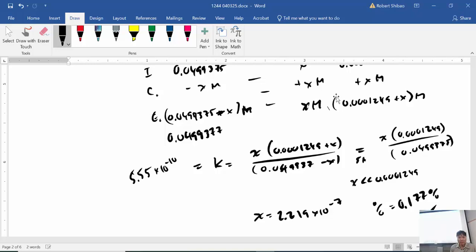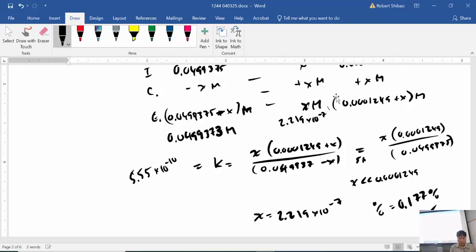So barely went up. Or it shouldn't have gone up. It should have gone down. Shoot. It went up by 2, it should go down by 2. And so it should be 0.0499373. It barely went down. Okay, x is going to be 2.219 times 10 to the minus 7.